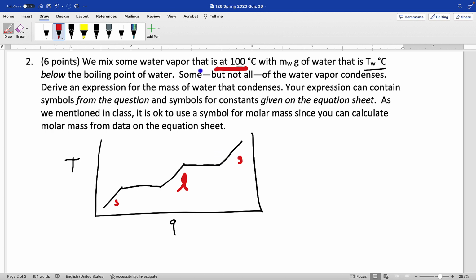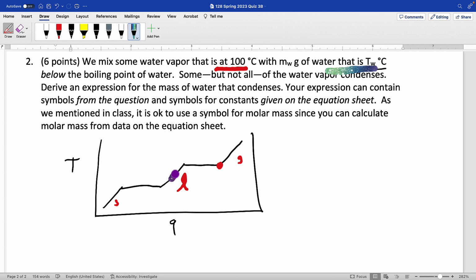We don't have a mixture of liquid and gas in this half of the system. This half of the system is just water vapor, so we're going to say we are here. So that is that, and let's use a different color for the other part. The other part, it says we've got water that is below the boiling point of water. So the water is down here, right? It's not at 100 degrees yet.